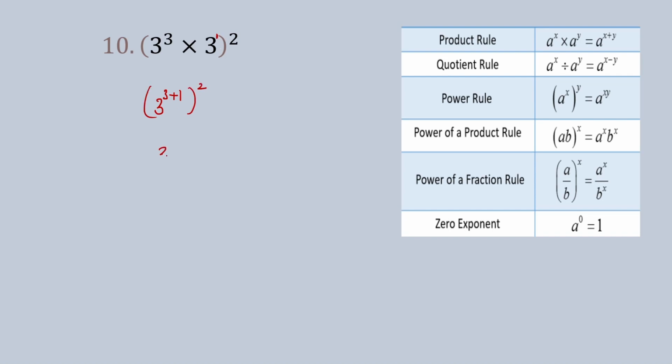If you add it up, you will get 3 raised to the power 4 whole power 2, where you can apply power rule, which says multiply the exponent. So 4 into 2 is 8. No need to solve it further because exponent is big. You can leave it like this, and this is your answer.